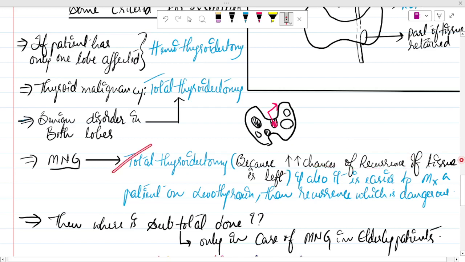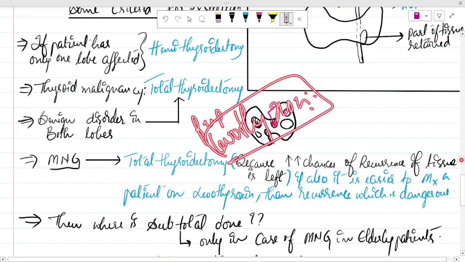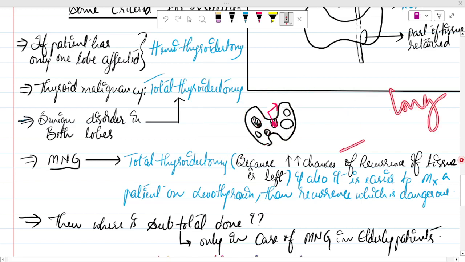That is why always prefer total thyroidectomy in multinodular goiter. One more benefit is that if you do total thyroidectomy, the only thing you have to do in follow-up is levothyroxine therapy, lifelong, to supplement the thyroid hormone.